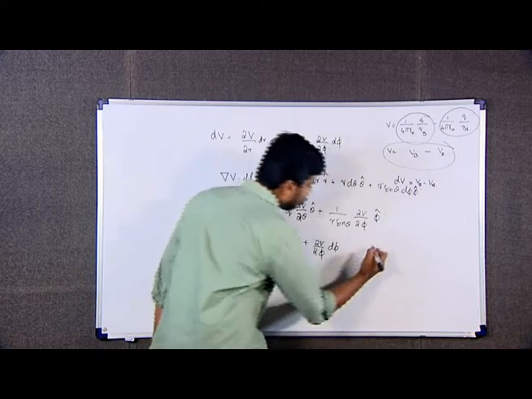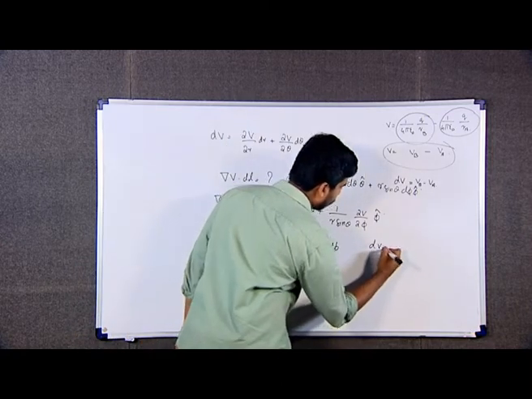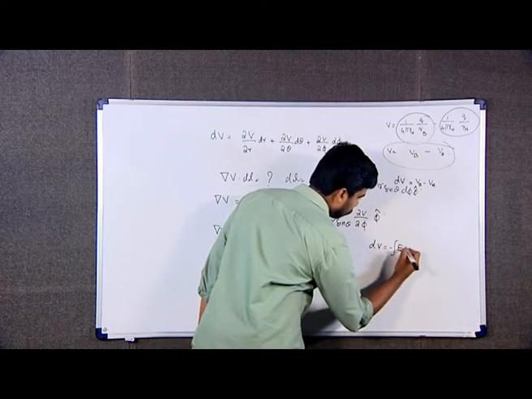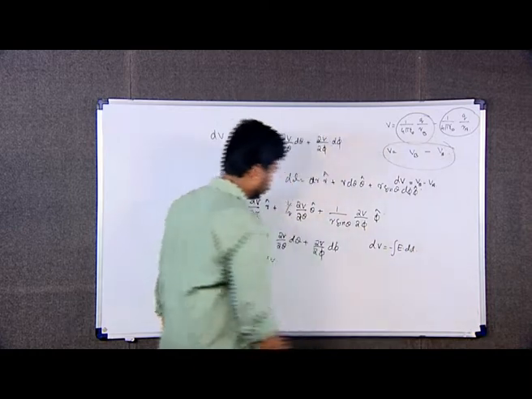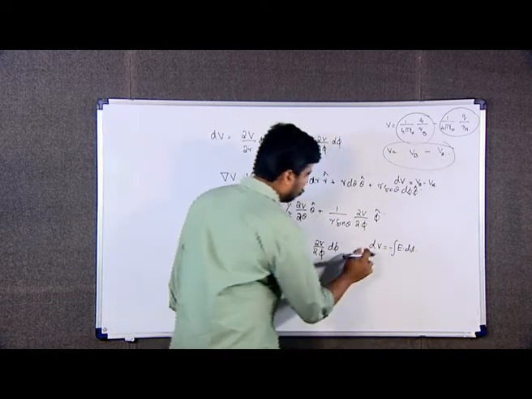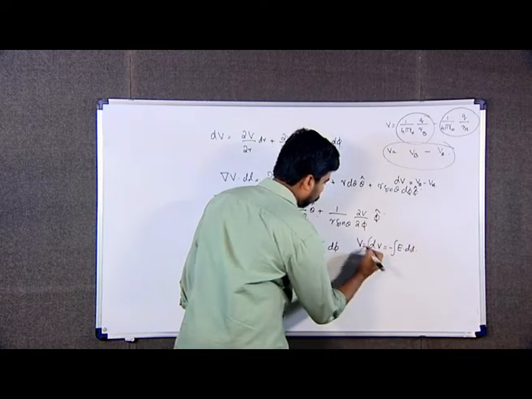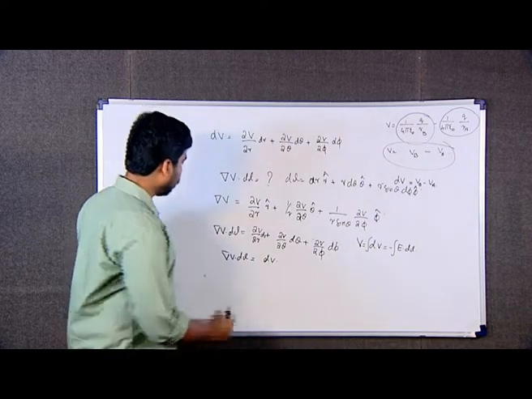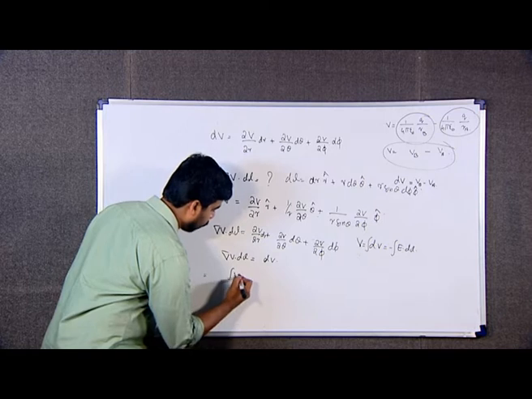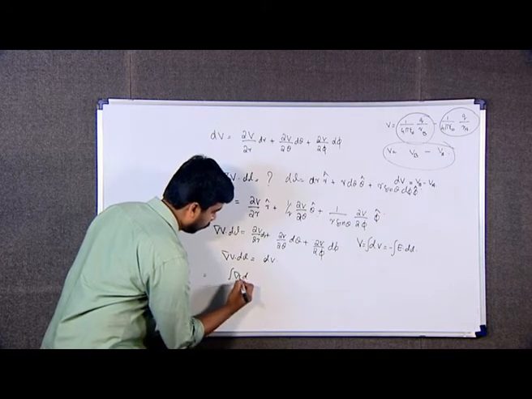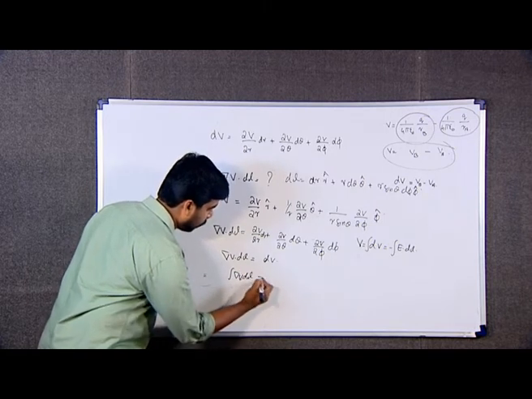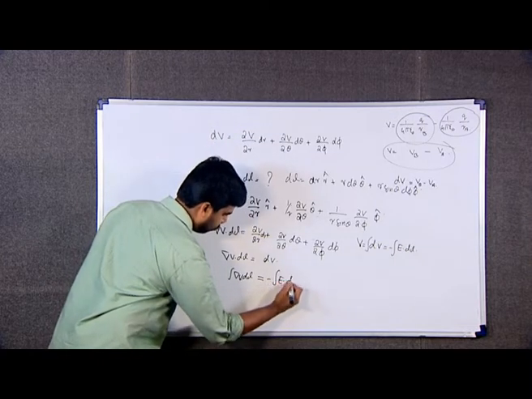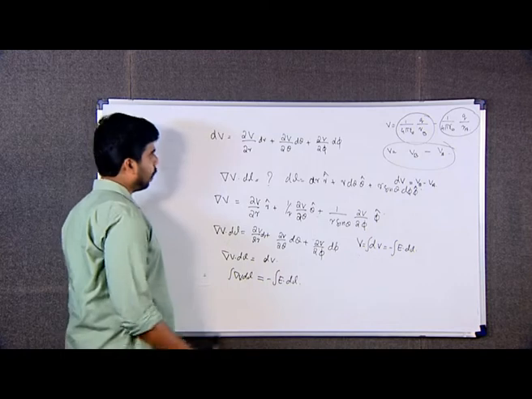So, what is dV actually? dV is nothing but minus integral E dot dl, which is the potential difference V. So, I can write it as integral del V dot dl is equal to minus integral E dot dl.